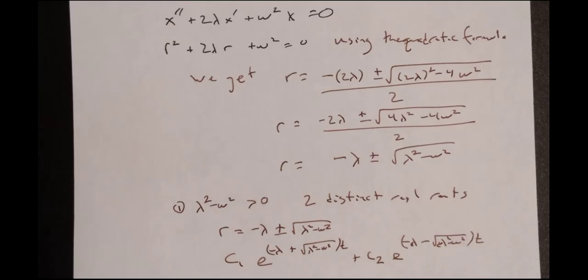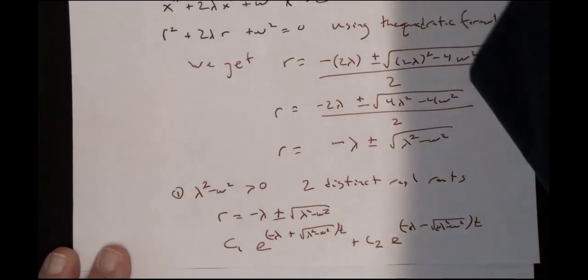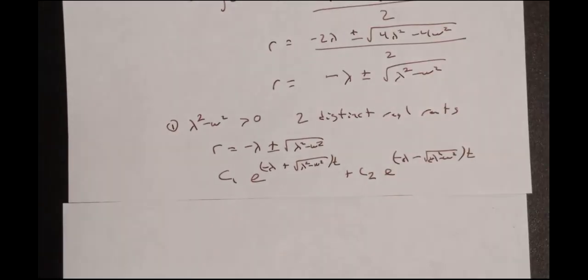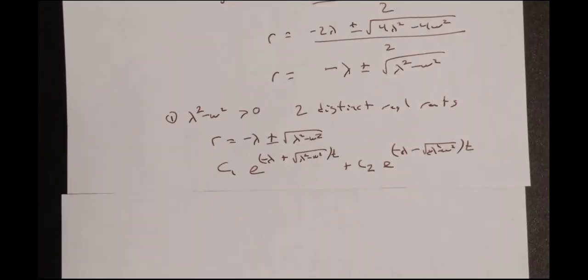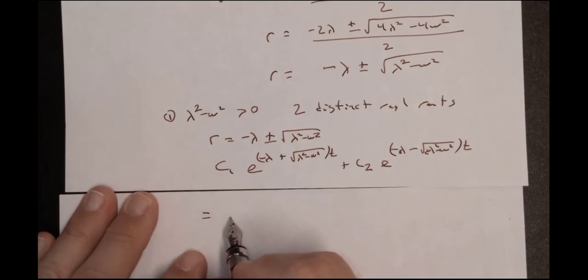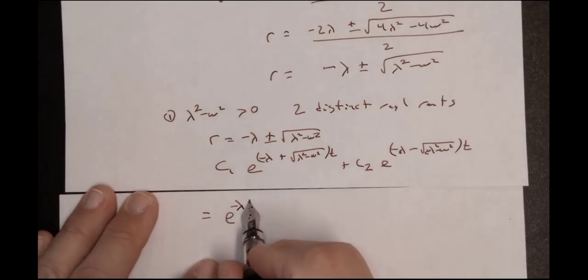Please notice I'm adding or subtracting inside an exponent here. That means I can split those up, which means I can factor out an e to the negative lambda t.